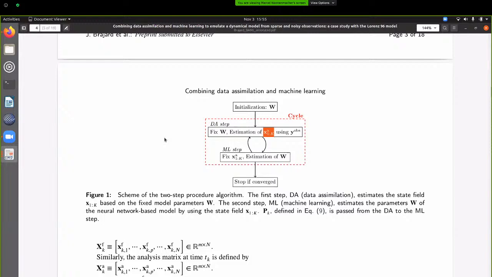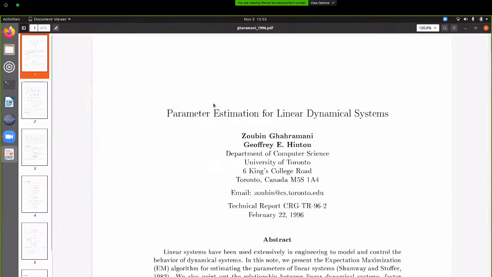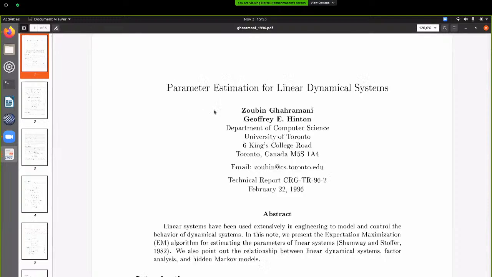And one thing I wanted to show very quickly before we go to the actual second paper from the same authors as the first one is this classical paper. It goes back to 1996 by Zoubin Ghahramani and Geoffrey Hinton. If you don't know these two people, Hinton is kind of the godfather of neural networks. He's been working on neural networks since, I don't know, the 70s or 80s.